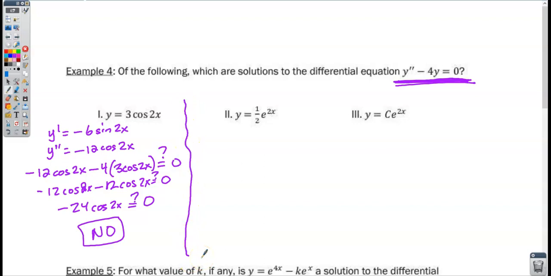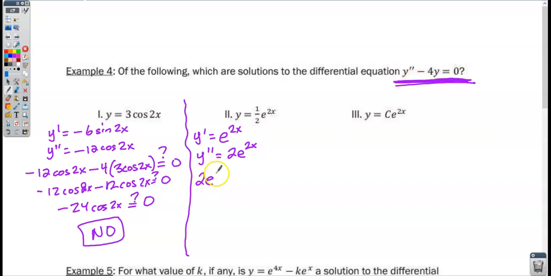All right, let's look at choice II here. We find y prime. Taking the derivative of that, we get y prime equals e to the 2x. And then y double prime is going to be 2e to the 2x. And so now we substitute that into our equation here.